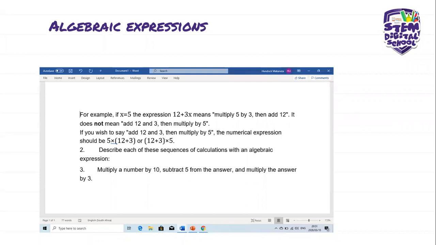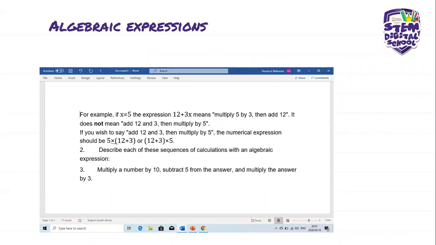If you look at this example here, if x is equal to 5, the expression 12 plus 3x means if x is equal to 5 and you are given the expression 12 plus 3x, you have to multiply that 5 by 3.